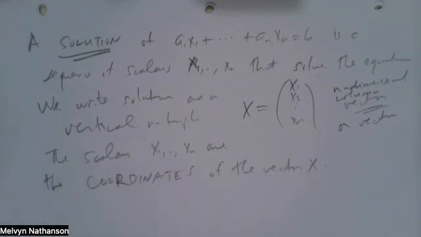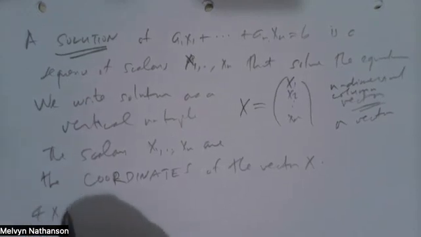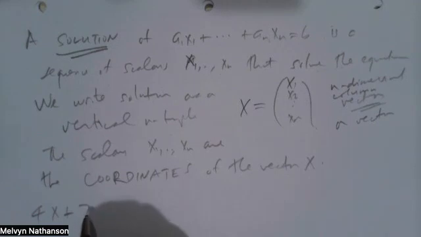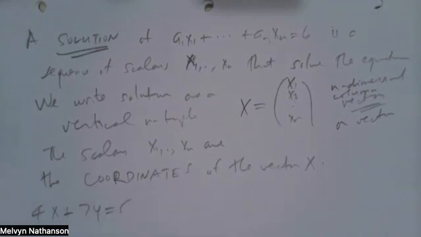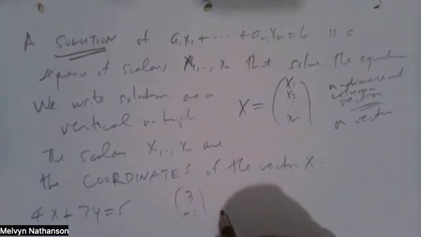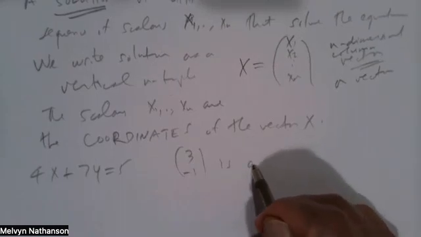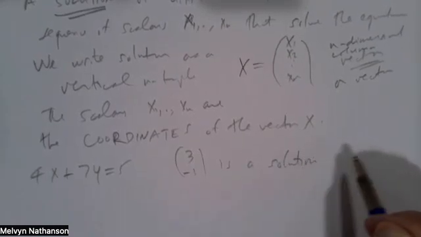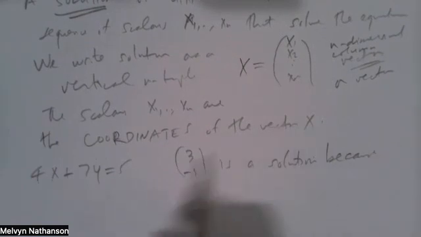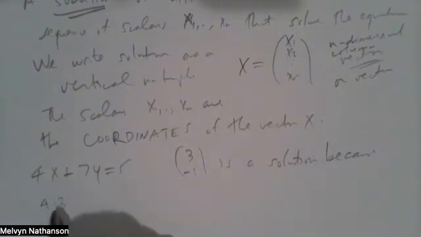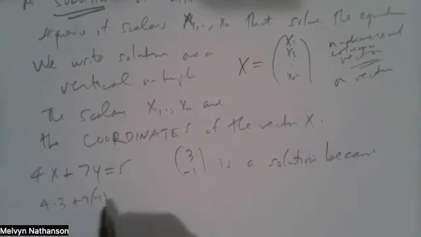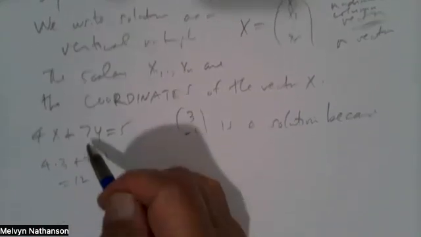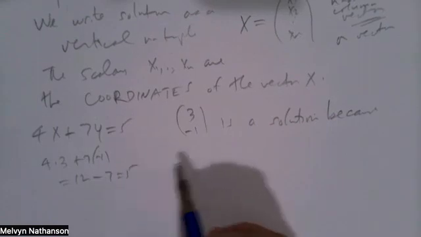So let's take an example. If you have the equation 4x plus 7y equals 5, there are a lot of solutions. The vector (3, -1) is a solution, because 4 times 3 plus 7 times -1 is 12 minus 7, which is equal to 5.